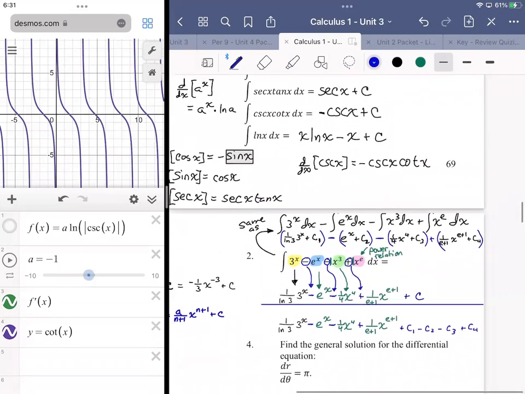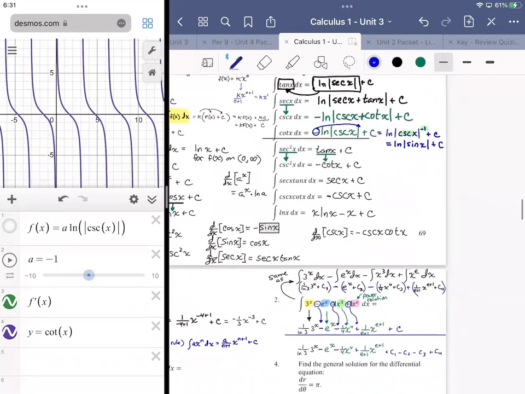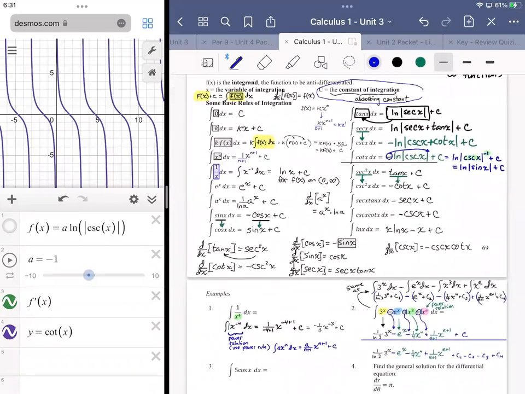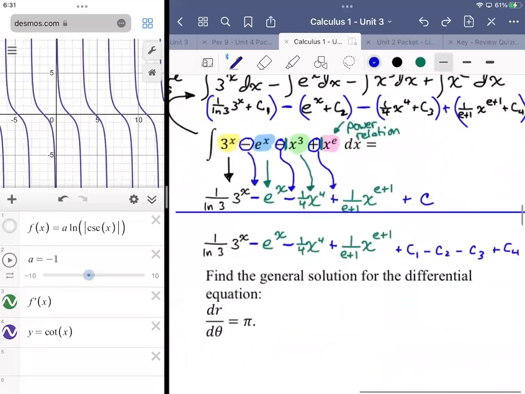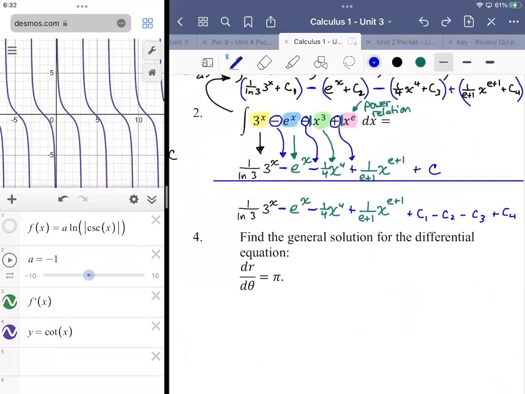But when I said last time that C is known as an absorbing constant, what that means is that it absorbs all other constants. The idea here is, well, what am I really going to end up with if I add, let's say, the C1 and the C4? I don't know, but I know it's going to be a constant. What am I going to get if I take a negative C2 and subtract from it C3?